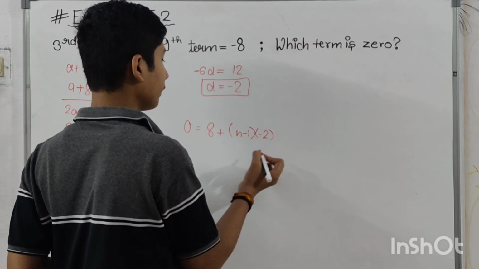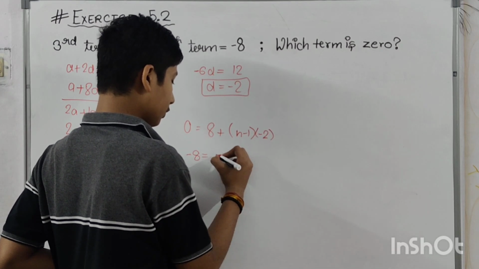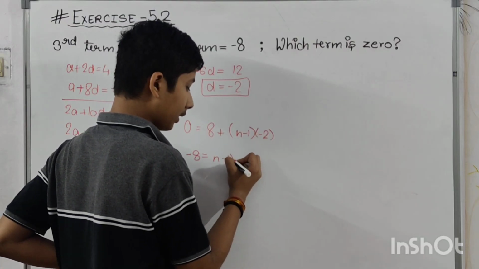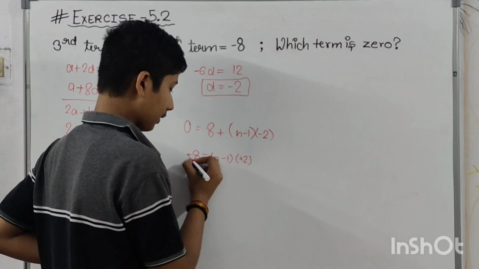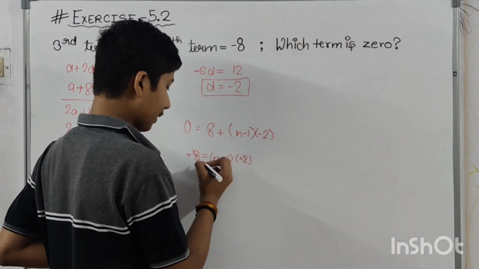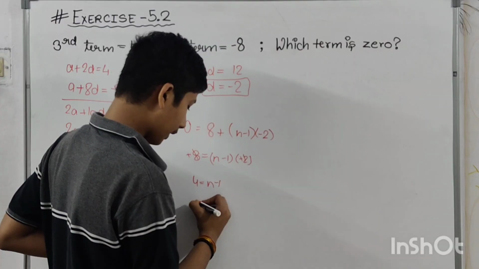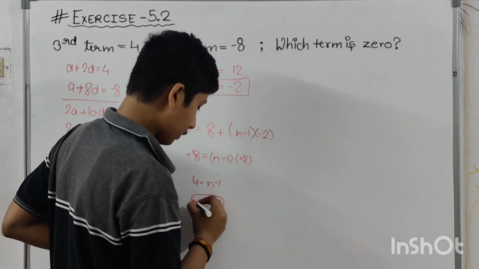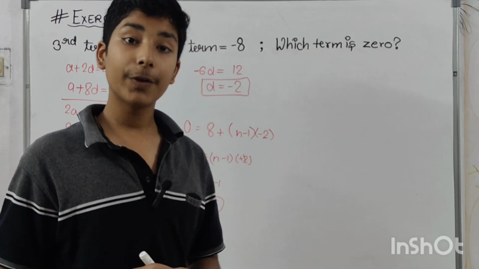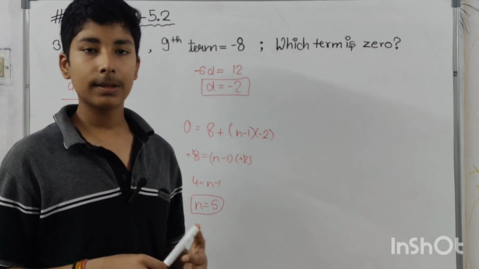So minus 8 equals (n minus 1) into minus 2. The minus signs cancel. So 4 equals n minus 1 and n will be 5. So we have got to know that the fifth term of this AP will be 0. I hope this is clear.